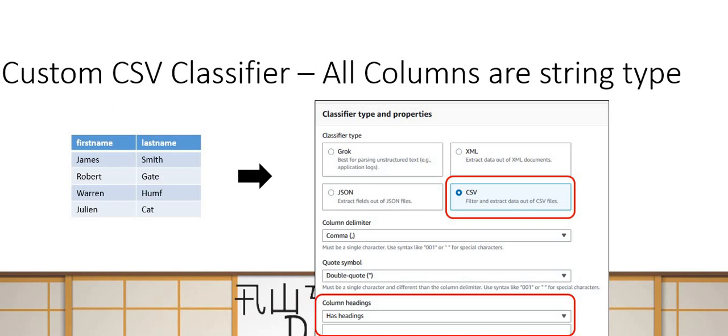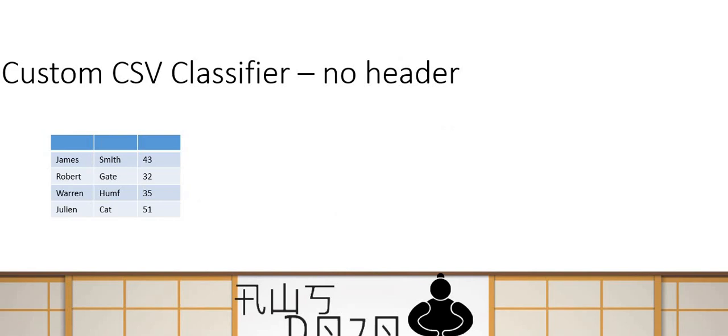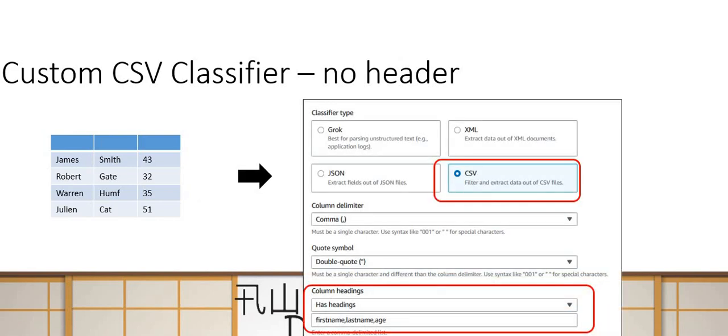In the second scenario, where you don't have any header, what you can do is again create a custom classifier. As you can see in this example over here, we are configuring a CSV classifier, and then you provide your delimiter information, and then you say, well, in this case also the file has a heading, but here is the heading name. So you can say first name, last name, age is my heading name.